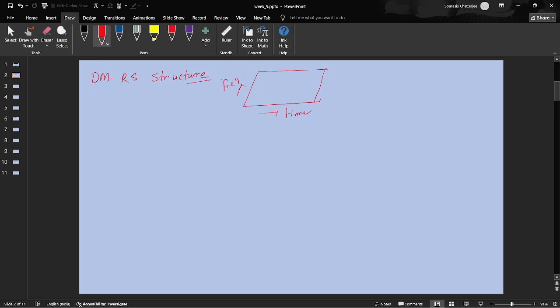Intuitively, before getting into any mathematical stuff, at which position of this slot can we expect the DMRS, because the scheduler has to decide, of course. So intuitively, where can we send our DMRS signal?